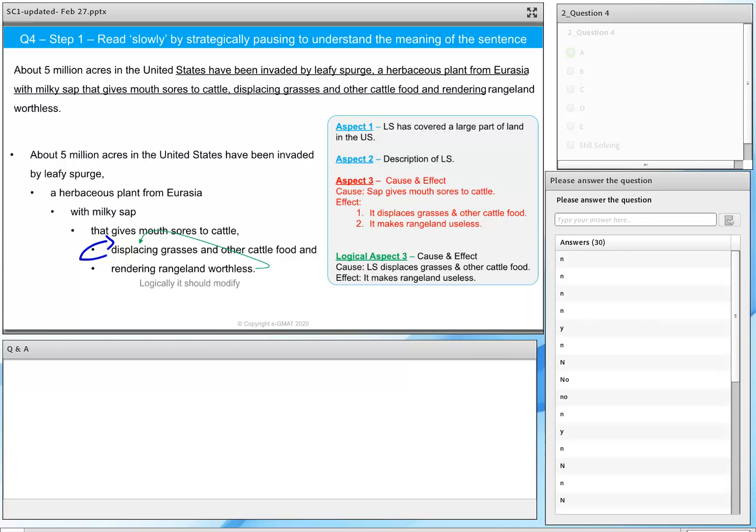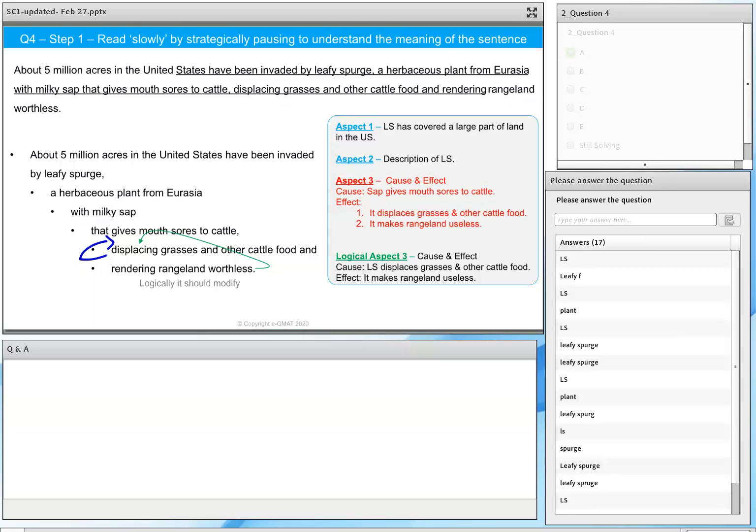Correct. Absolutely correct. Now, let's again do that deep diving into the sentence. What displaces grass and other cattle food? From what we have in this sentence, what will make sense in displacing grasses and other cattle food? Or what can logically displace, or replace, grasses and other cattle food? Leafy spurge, absolutely correct.